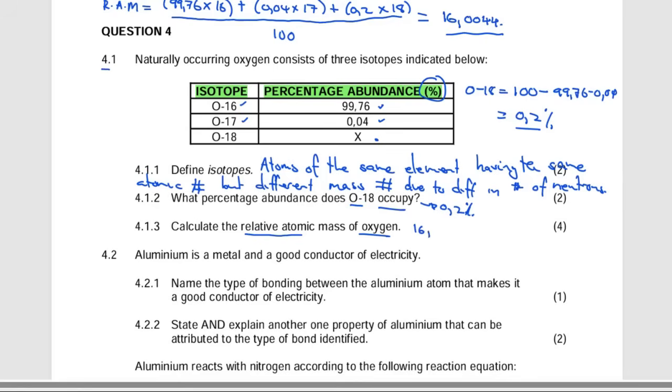So our final answer is 16.0044. Take note, it's important for you to show all this working. Don't just write down the answer as it is. You should show us the working until you get to 16.0044.